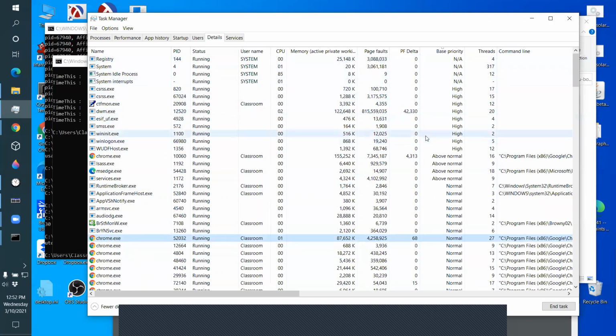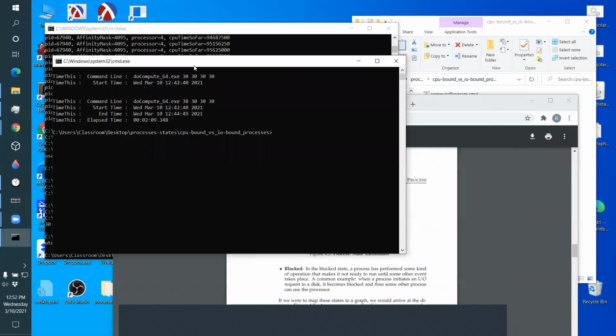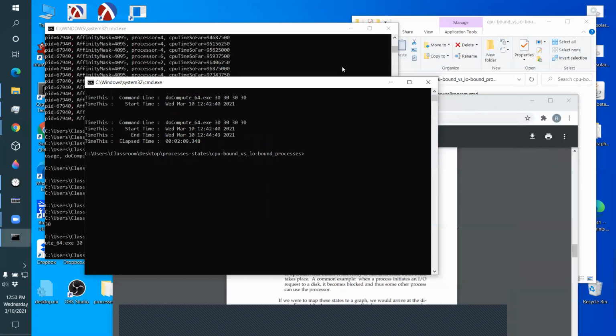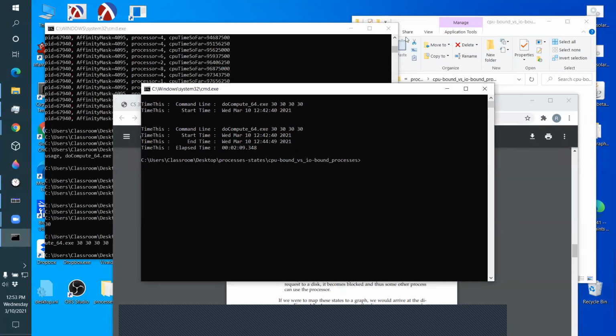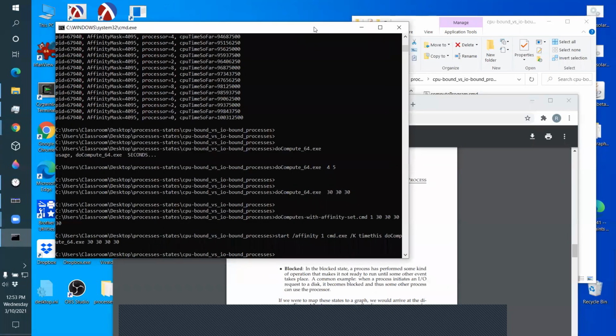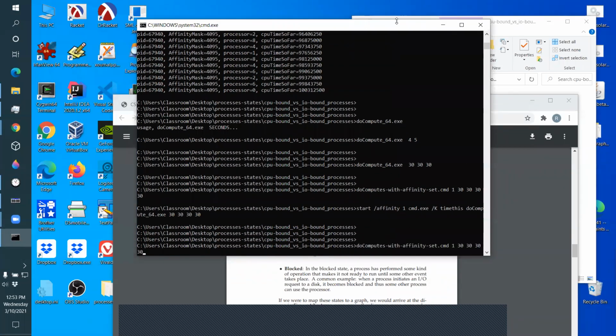Now, we were able to set the priority over here in this thing. I wrote it so we could set the affinity. I haven't sat down to see if you can set the priority at the command line.